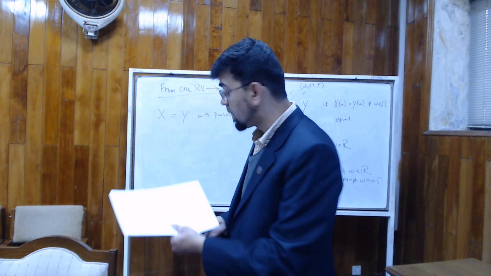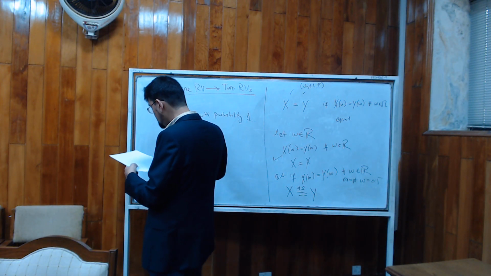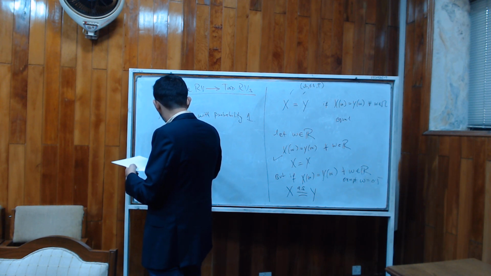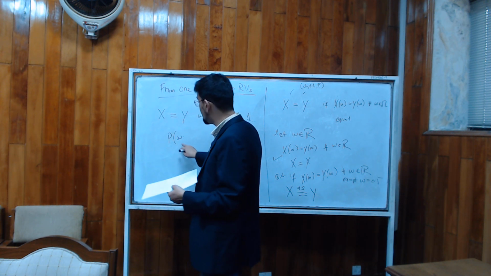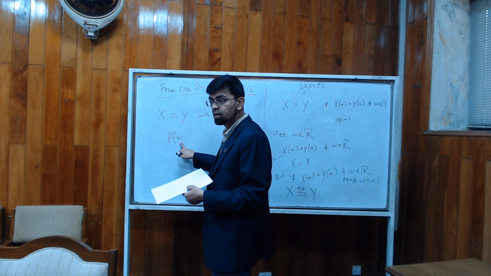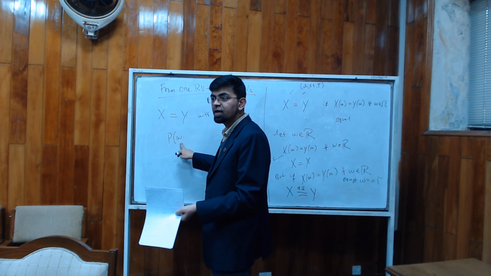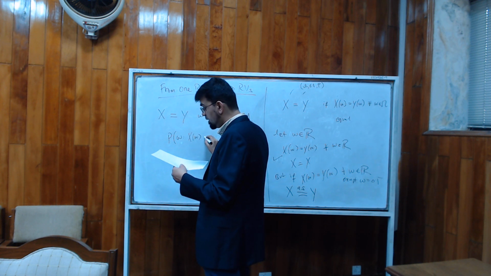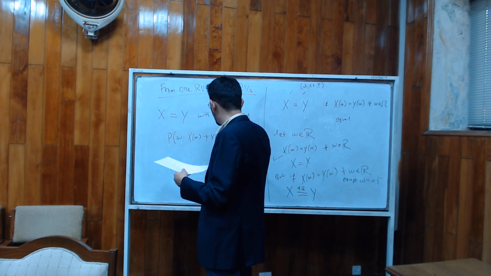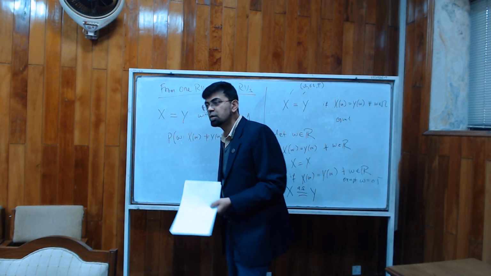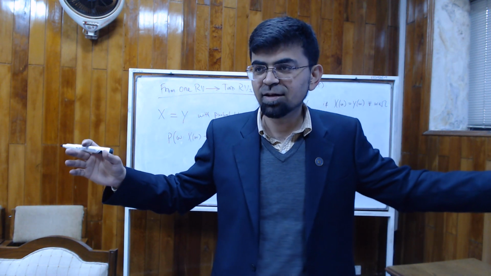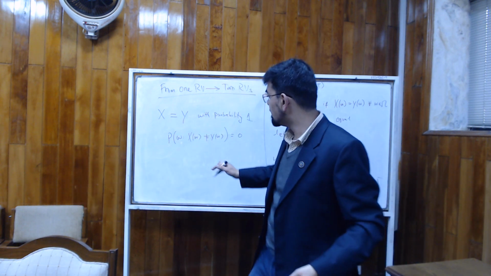Let's just write it here. The probability of getting an omega where they are unequal is zero, because there are infinitely many of these.